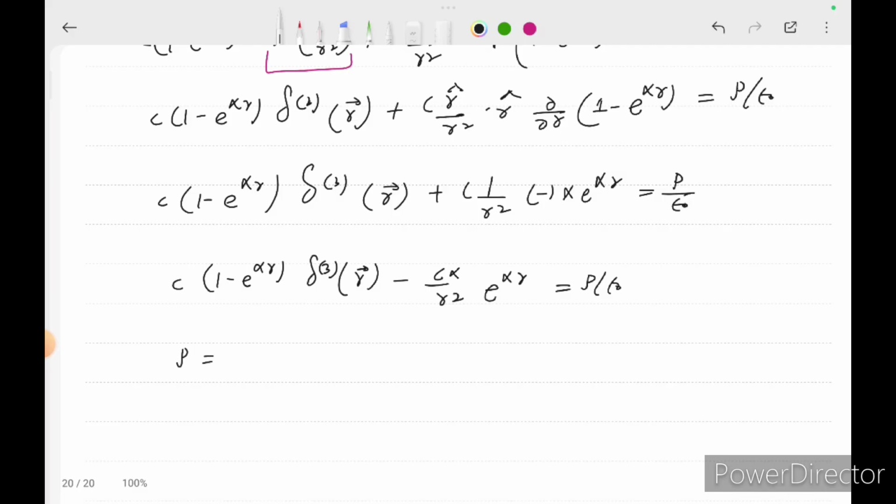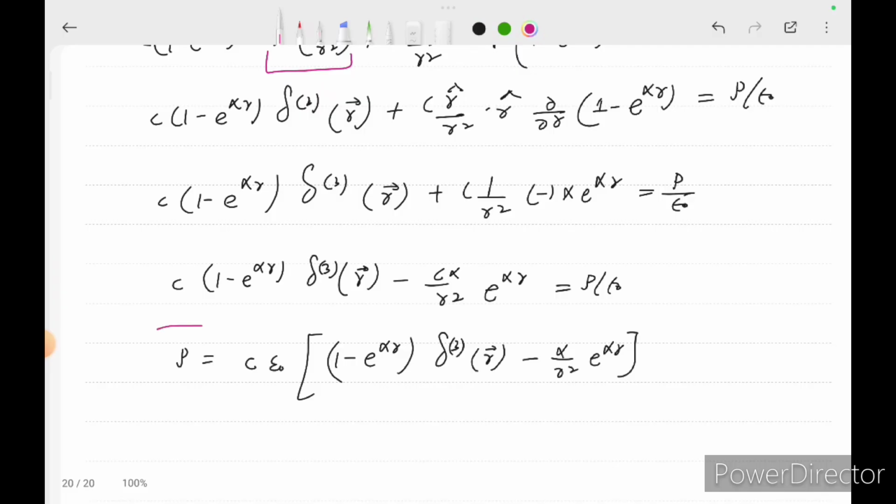So rho equals C epsilon naught [(1 minus e to the power alpha r) delta cube r vector minus alpha upon r square e to the power alpha r].